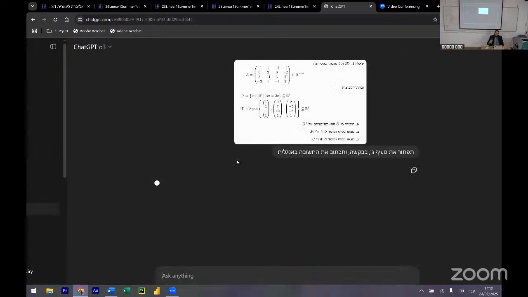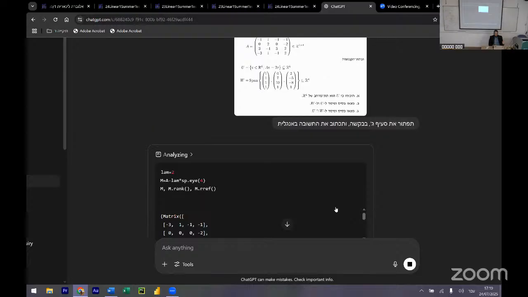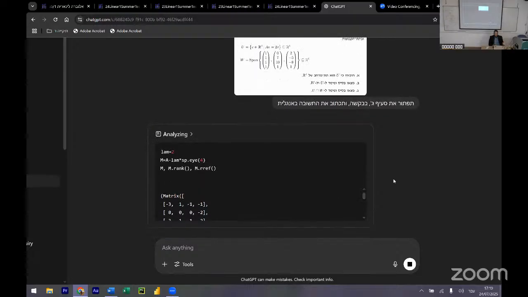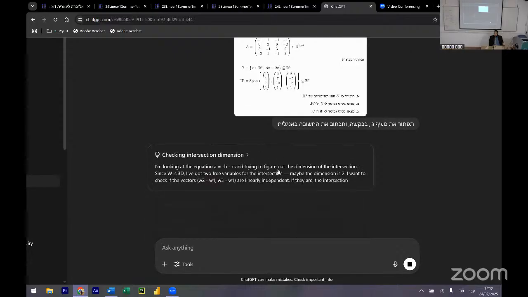Let's see. It has to go all the way back. Pivot in columns 0 and 3. It's weird.